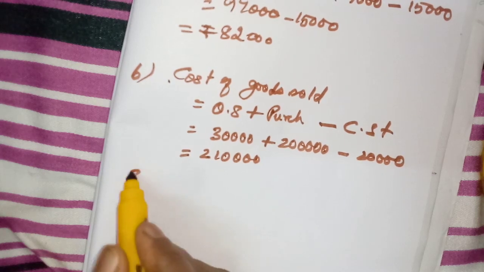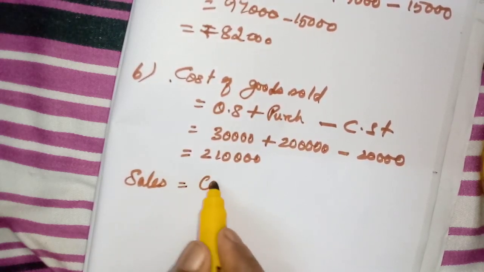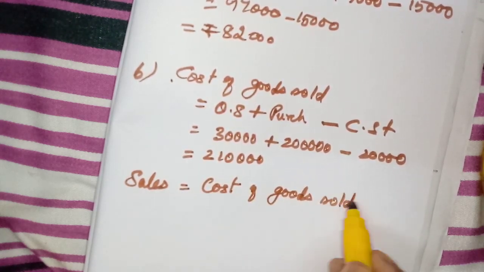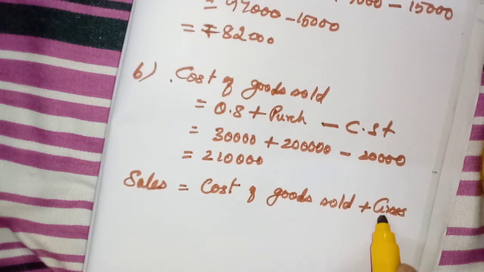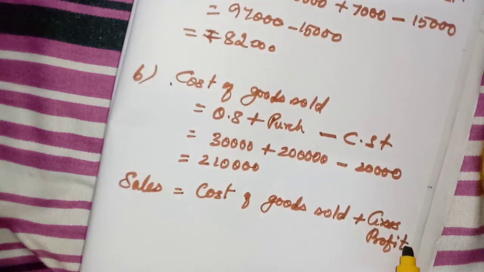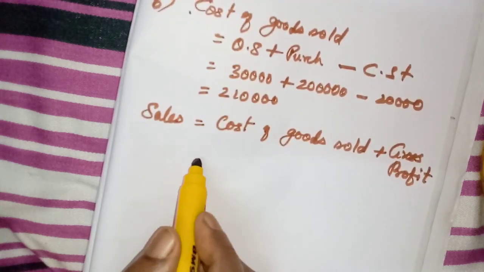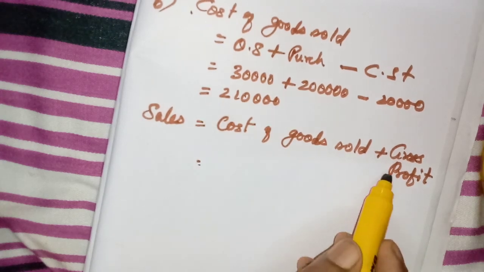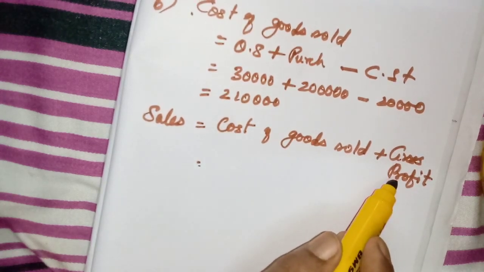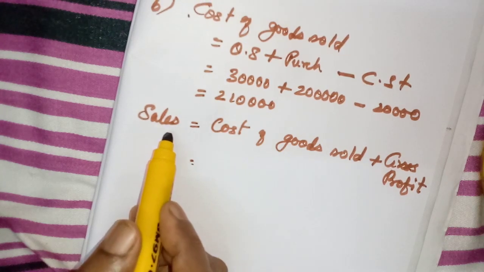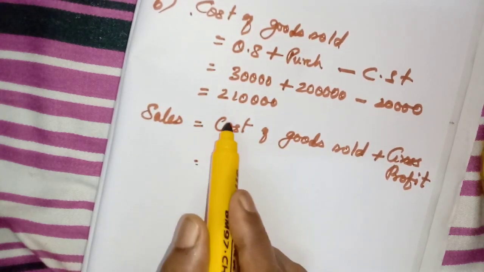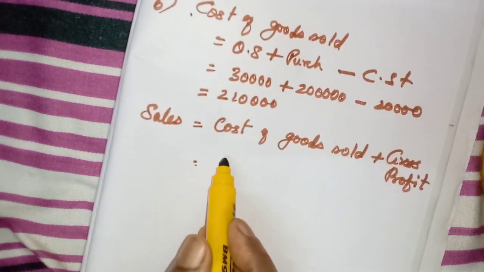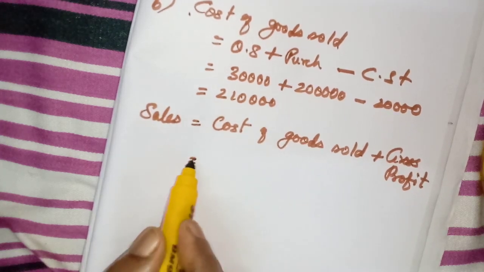Sales is equal to cost of goods sold plus gross profit. Okay, here what is the cost of goods sold? So here we need to calculate the sales, isn't it? What is given? Cost of goods sold only we have calculated, isn't it? 2,10,000. So here we have to consider this formula.